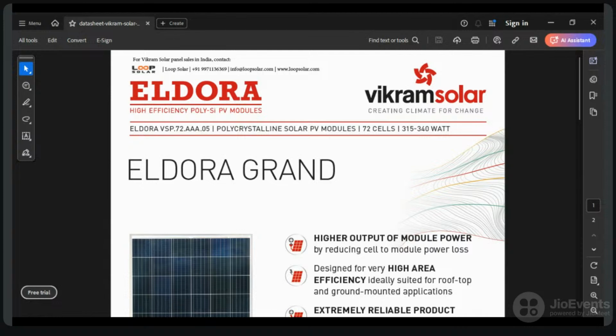And suppose here, our daily calculation is 3,620. The daily units will be divided by 1000, so it will be 3.6 units. And suppose the monthly requirement is 3.62 into 30, which means 108 units will come.